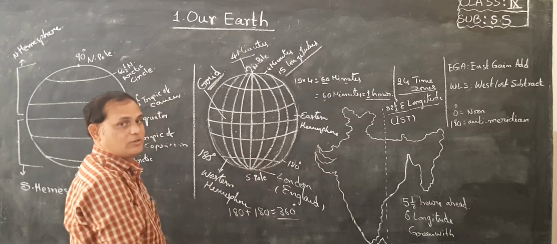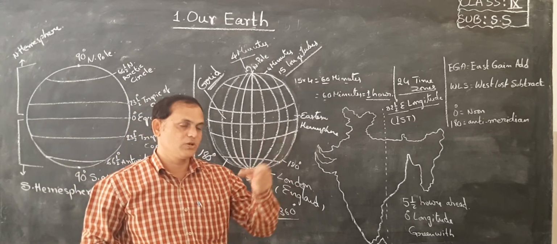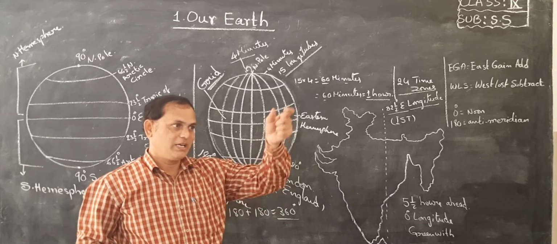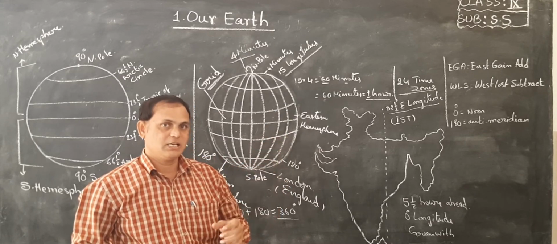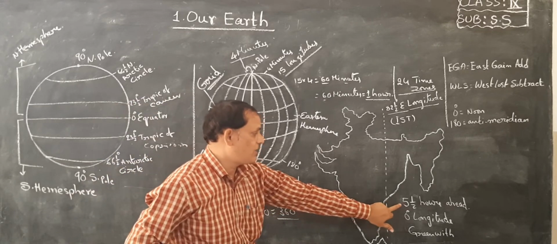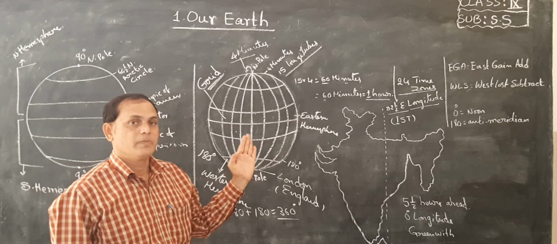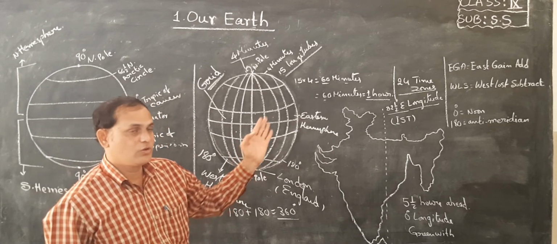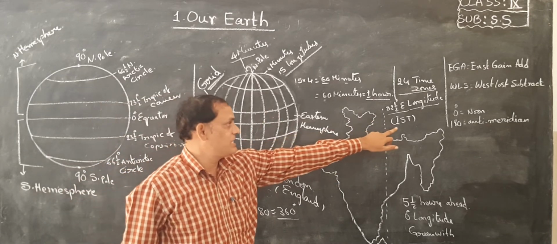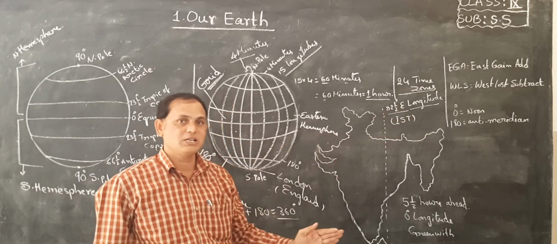After this lesson, you take one globe and observe how many longitudes are passing, then you can find. Okay, children. So the time difference is 5.5 hours ahead from Greenwich 0 degree longitude to our Indian Standard Meridian Time, 82.5 degree east longitude.